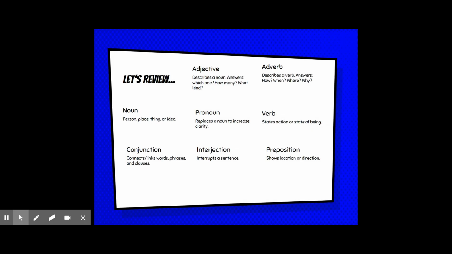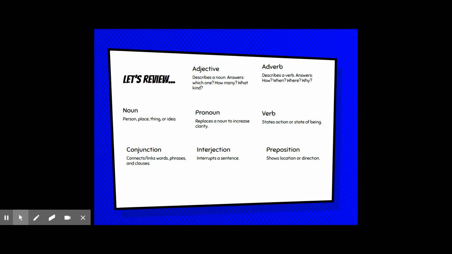Let's do a quick review. An adjective describes a noun and answers the question which one, how many, or what kind. An adverb describes a verb and answers how, when, where, or why. A noun is either a person, place, thing, or idea. A pronoun replaces a noun to increase clarity.